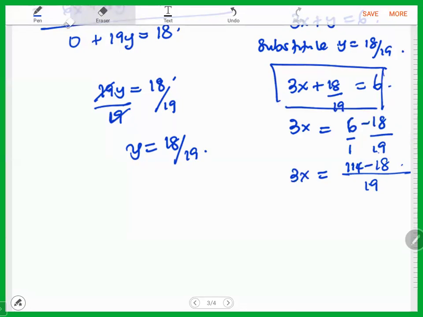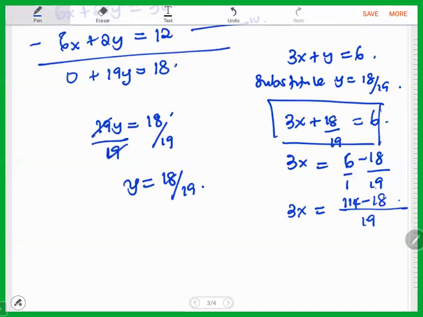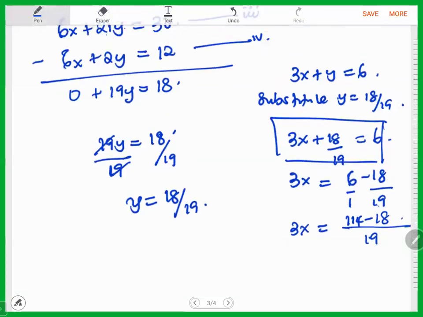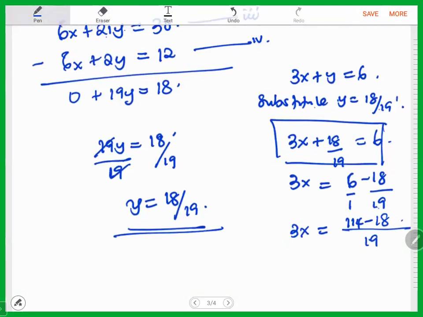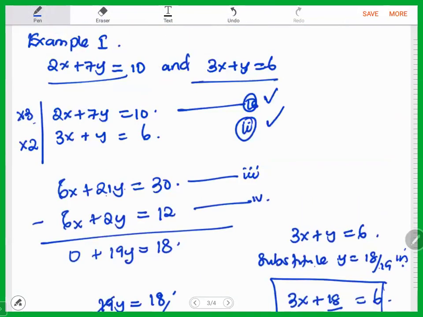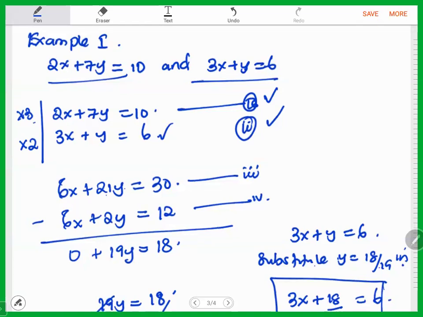Okay. We are saying that having eliminated x and determined our y, we substitute y in any of these two. You can choose this or you can choose that. Now, for us, we have chosen the second one.